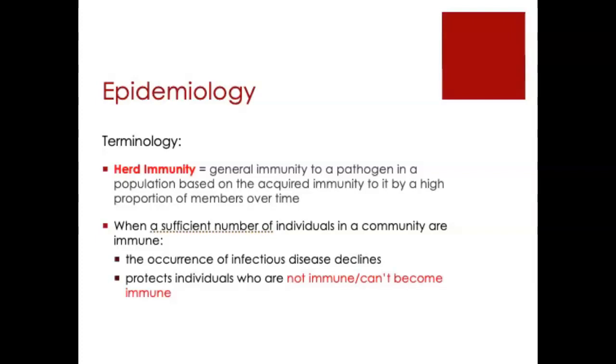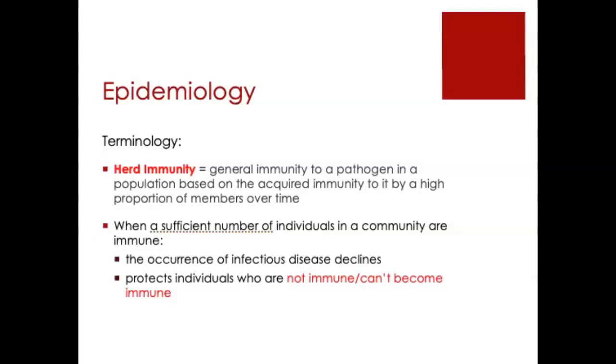And it is based on the idea that if enough members of the herd or the population have acquired immunity to the pathogen, then the pathogen is less likely to break out in any epidemic proportions.